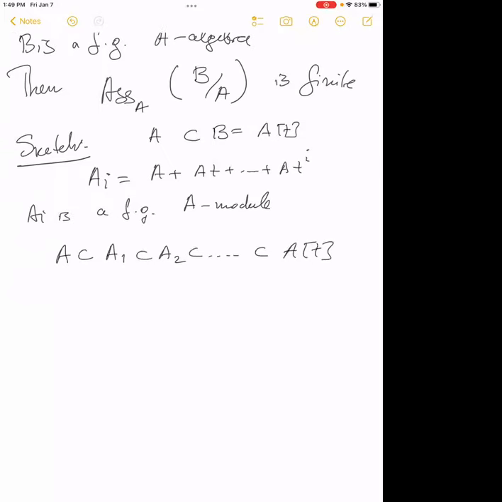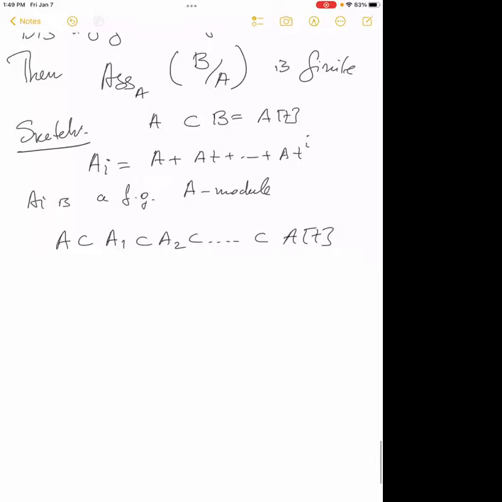It's a trick that appears in a work of Hochster and Roberts in their generic freeness lemma. So you consider these quotients, this filtration.